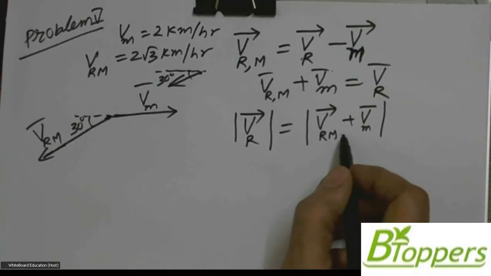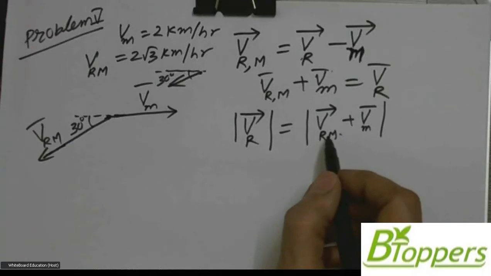Again, we are using the same formula which we used in the previous problem for the magnitude of the vector sum of two vectors. In general, the magnitude of the vector sum of two vectors P bar and Q bar is given by the square root of P square plus Q square plus 2PQ cos theta, where theta is the angle between the two vectors.